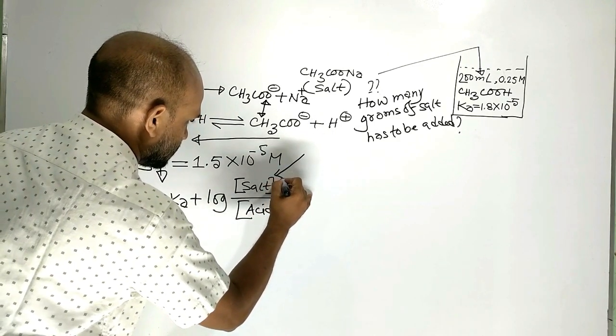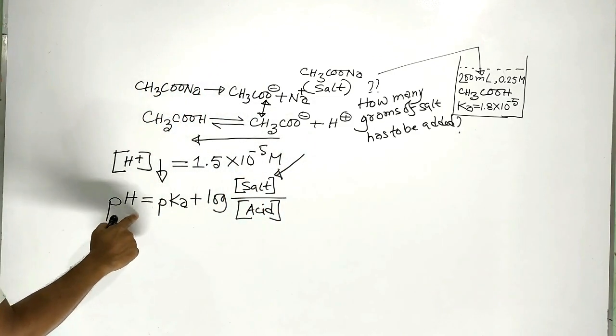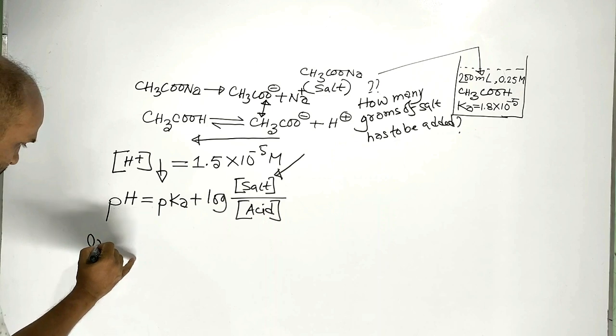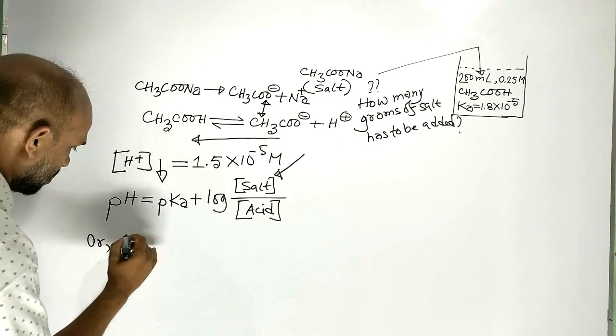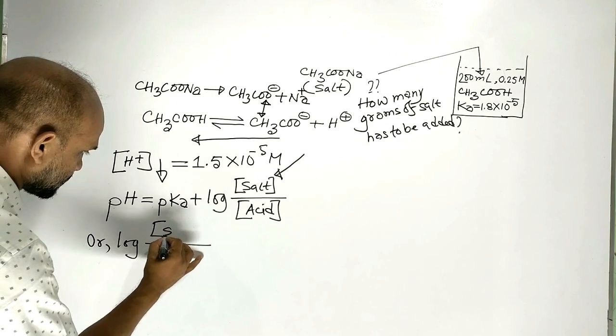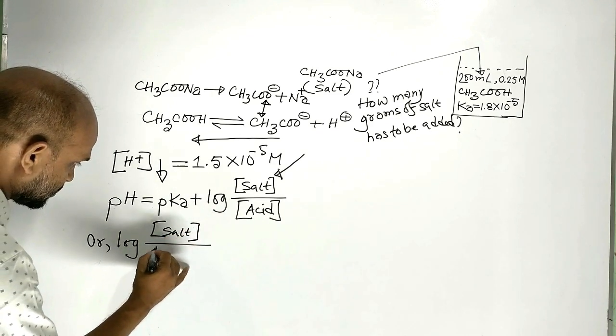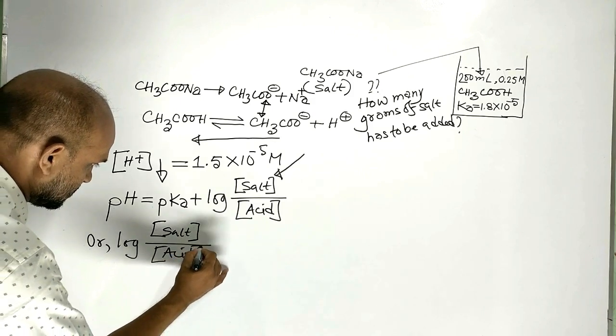The concentration of salt has to be calculated. From this equation, we can write log of concentration of salt divided by concentration of acid.